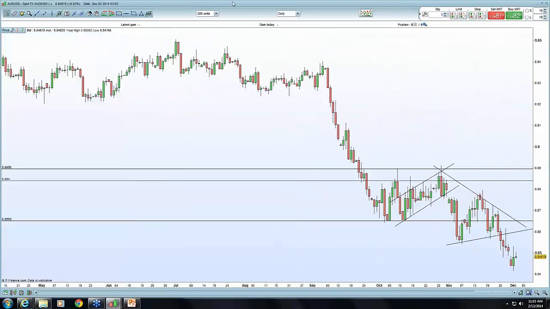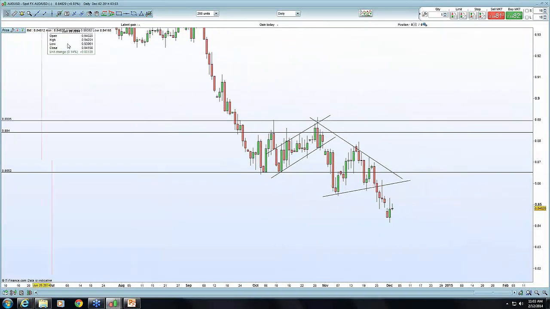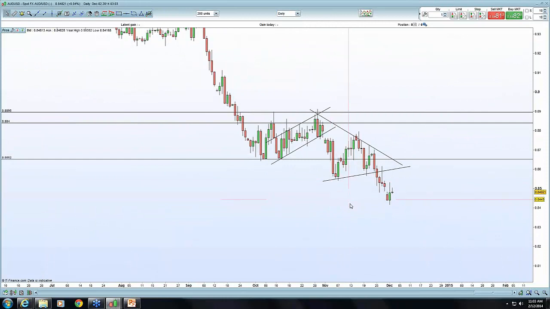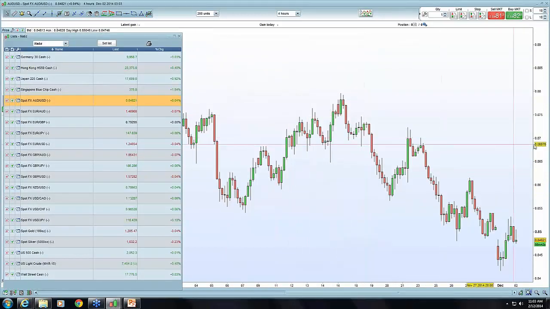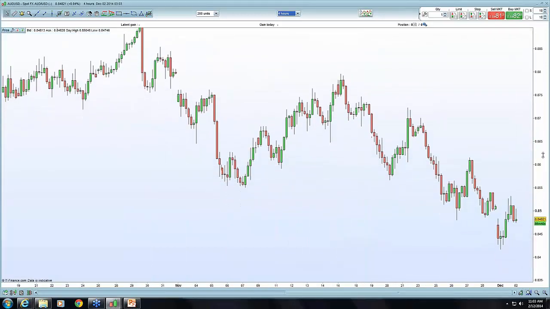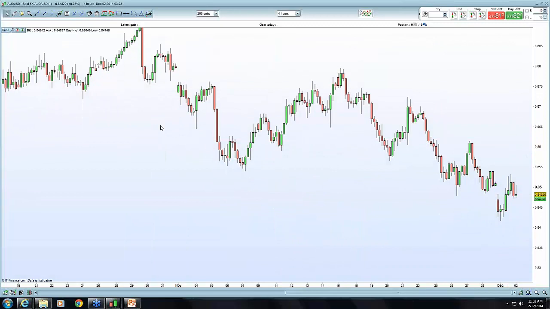Sorry, let me just draw my circles here. November 7, November 20th. Sorry, I just want to replicate the symmetrical triangle on the 4-hour chart.